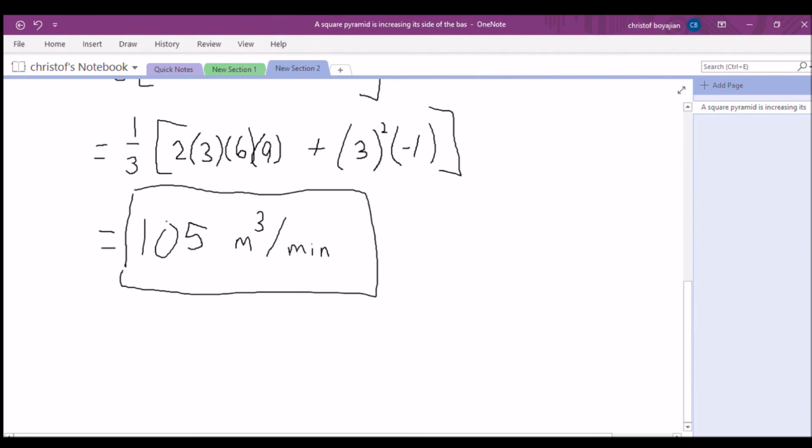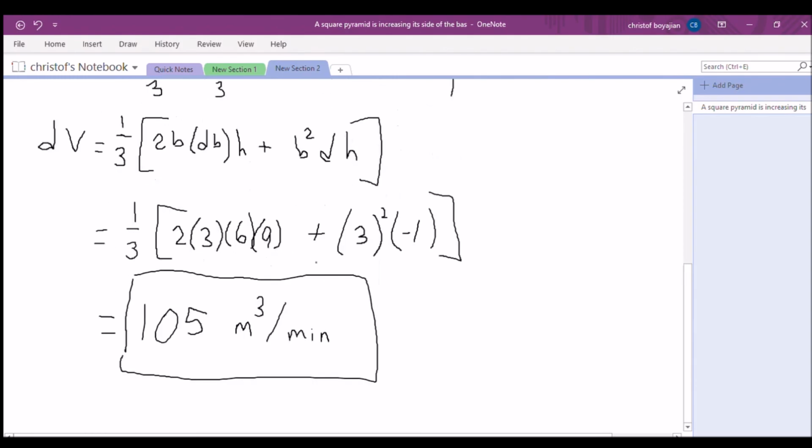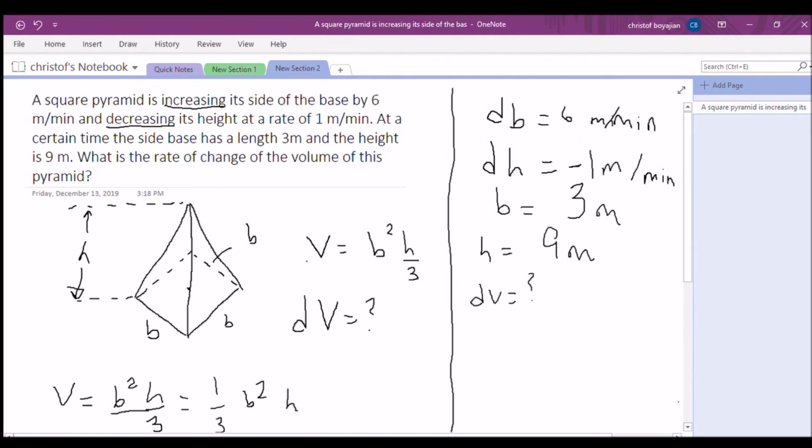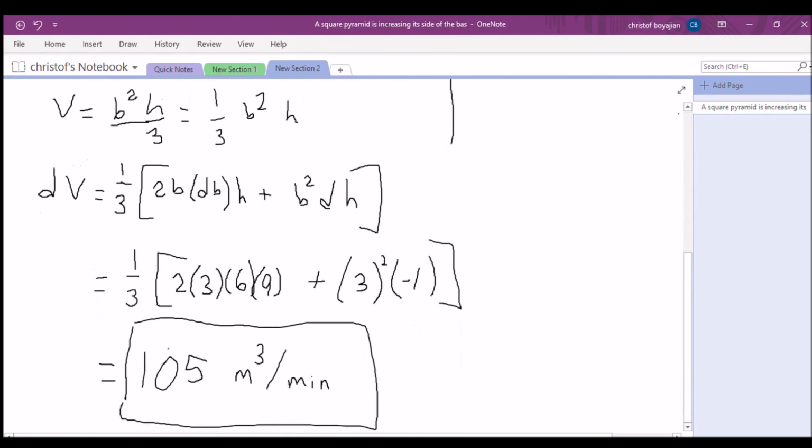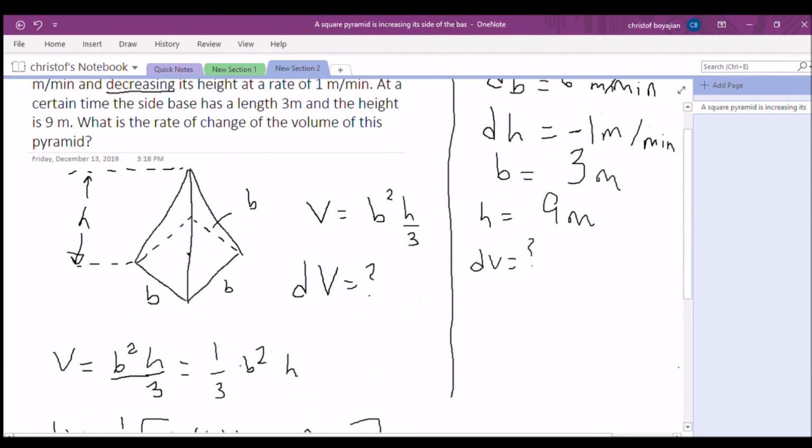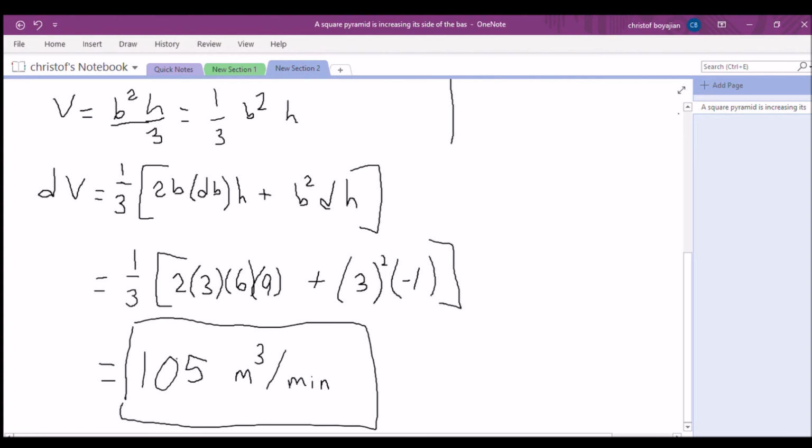You need to also specify the units. So the rate of change at which the volume is increasing or decreasing. In this case, it's increasing because we ended up with the positive value. So we know that this is increasing the volume by 105 meters cubed per minute.